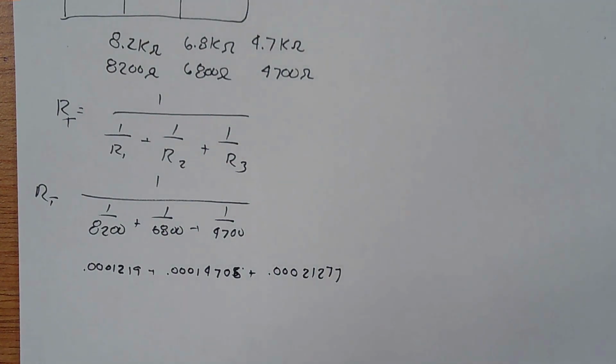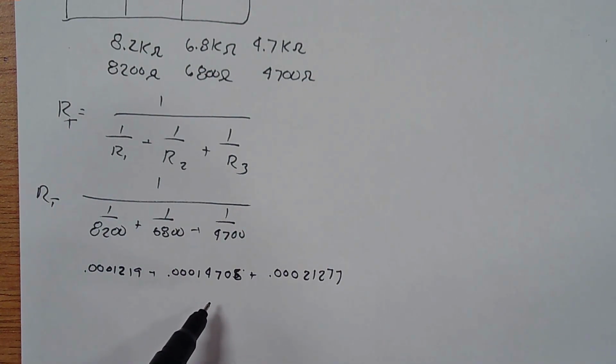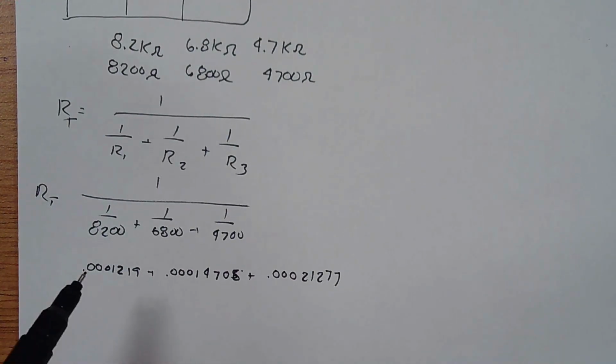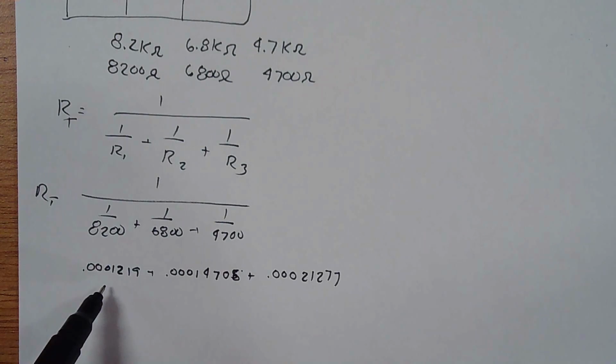So we can add all those up. I'm going to a lot of decimal places because I want it to round very nicely. That gives 0.0004817116.